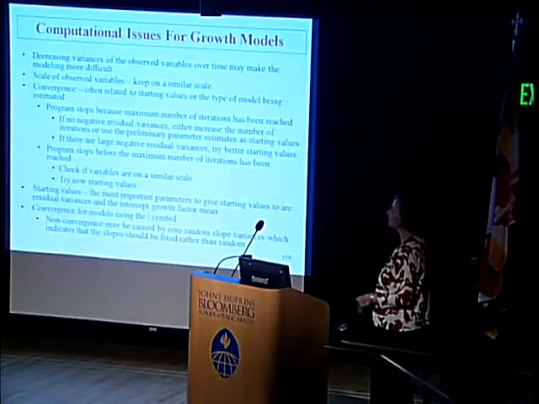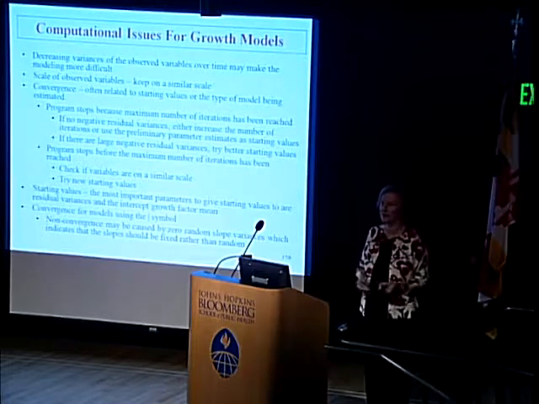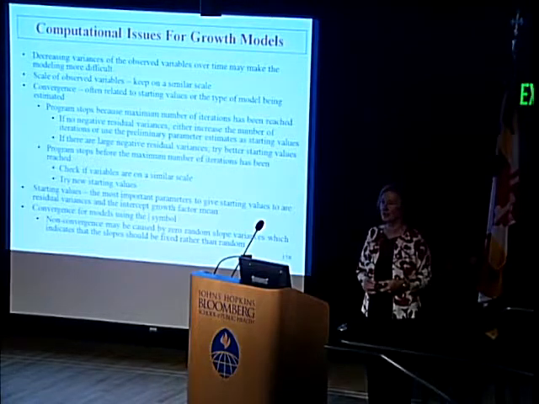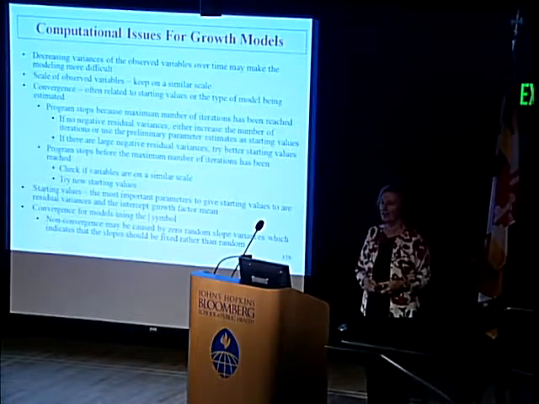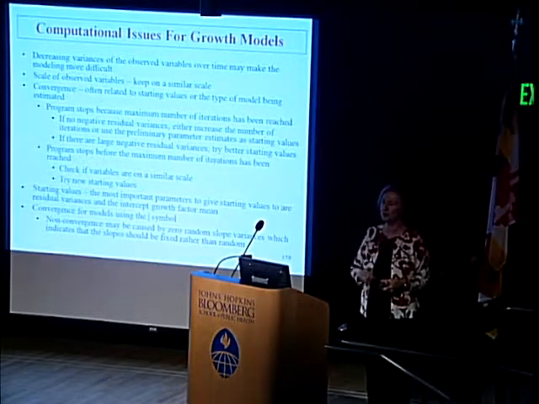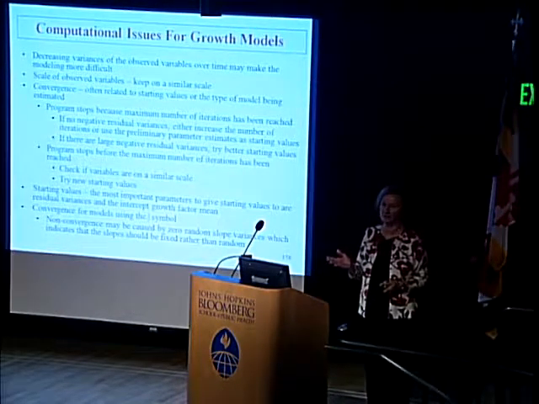And we can have convergence problems, which can be related to starting values or to the model. And sometimes the program just stops because the default number of iterations has been reached. If that happens, then you should check the partial output and see if you have any negative residual variances. That's often a problem. And if you don't, then you can either increase the number of iterations or give some starting values to the model.